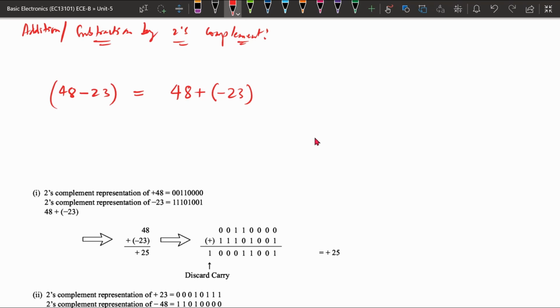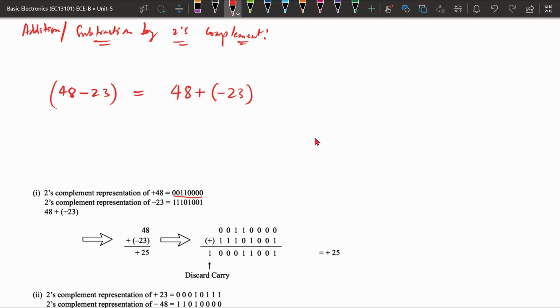So 48 is there, we will represent it in its 2's complement. So 48's 2's complement will be this representation, and the 2's complement of 23 is this.